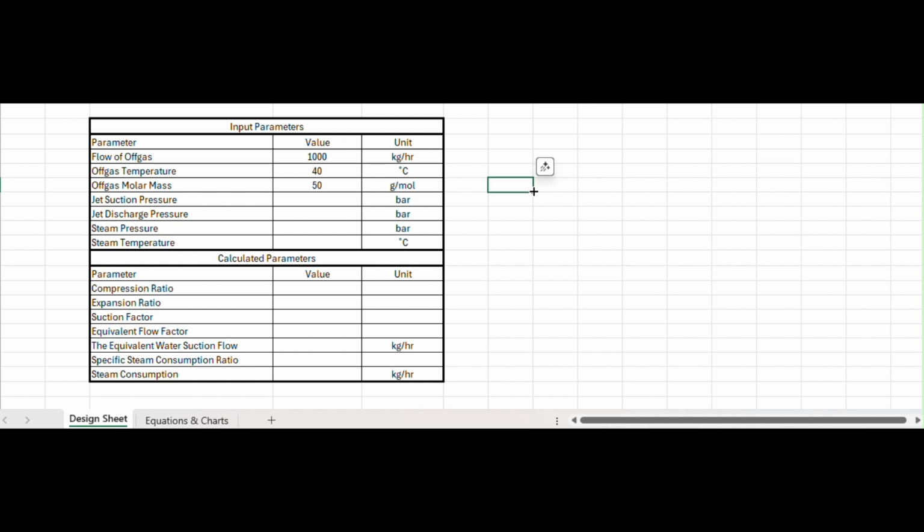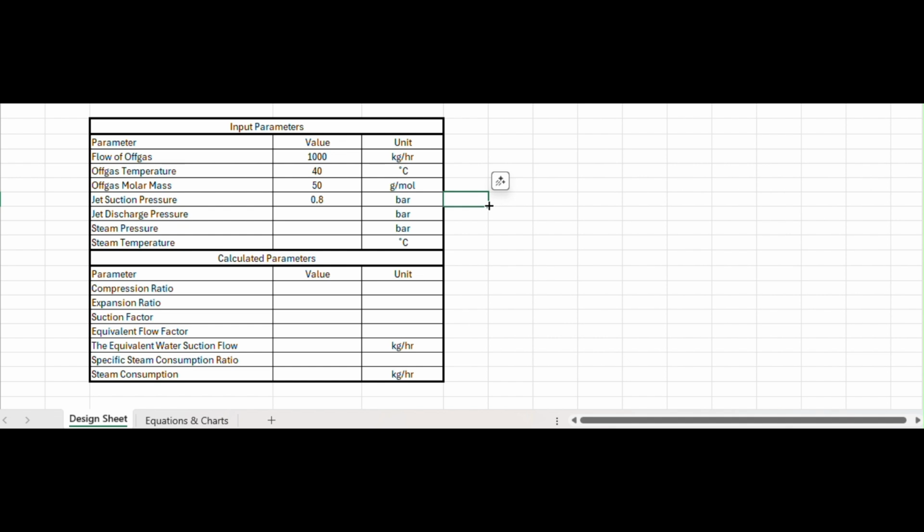Now you need to define your suction pressure for the steam jet and your discharge pressure. Let's say I want to pull the cut at 0.8 bar. The discharge really depends on what's downstream of the steam jet.